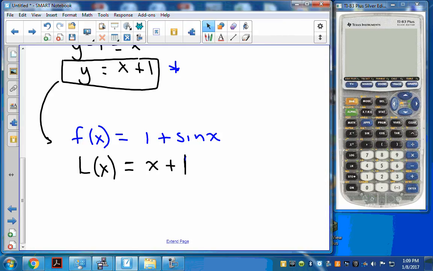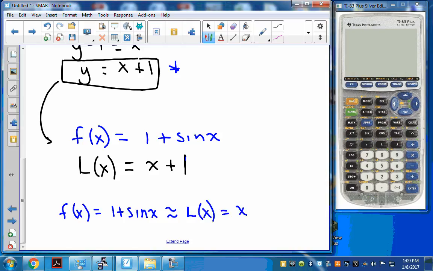We'll see that the line and the function are close to one another. The line is close to the function, and I'm going to write it this way: f of x, which is 1 plus the sine of x, is about the same as the line. And the line in this case was x plus 1.